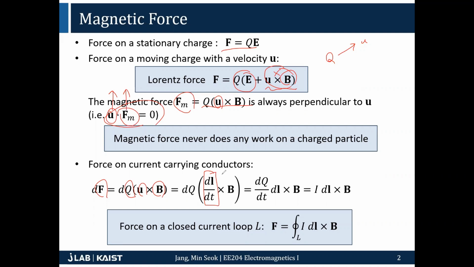And then change the time derivative to the charge amount, and you get dF equals I dl cross B. Okay, so when you have a current carrying wire, and this is an infinitesimal length component, then dl cross B gives you the force that this current carrying wire feels.